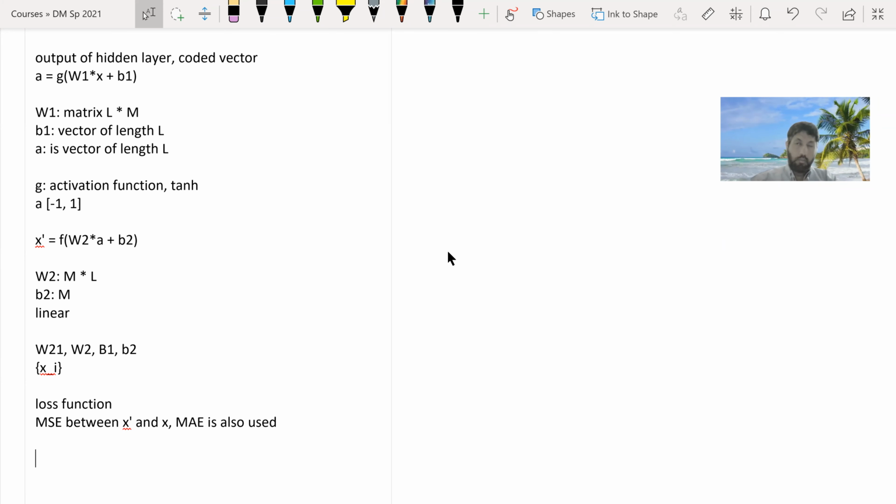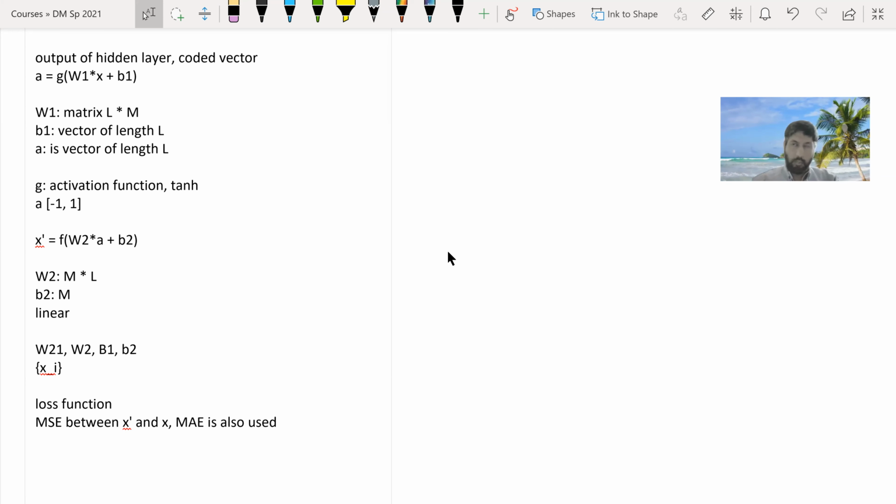Okay, so what have we done so far? We have a simple neural network: input, one hidden layer, and output. The hidden layer has L units, which is much less than M. So input is M, output is M, because we are doing auto learning. We put in X, and we regenerate X, which we call X prime.